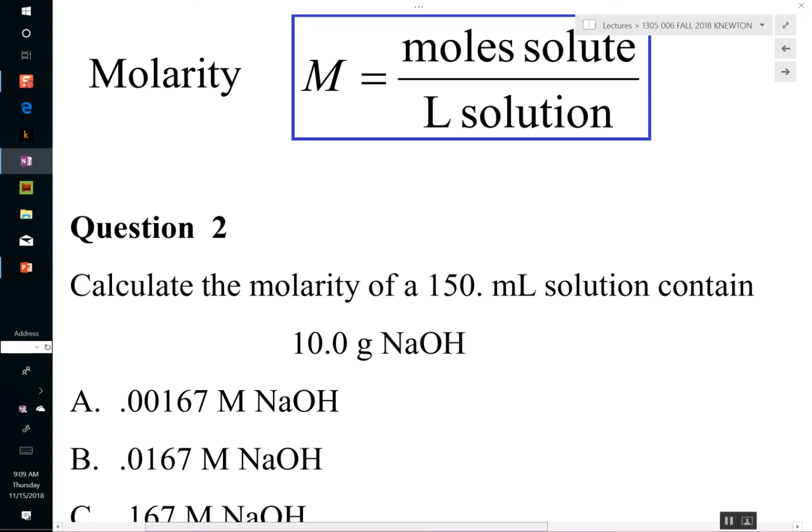Remember, molarity is moles per liter. That equation guides you as to what has to go in the numerator and what has to go in the denominator.